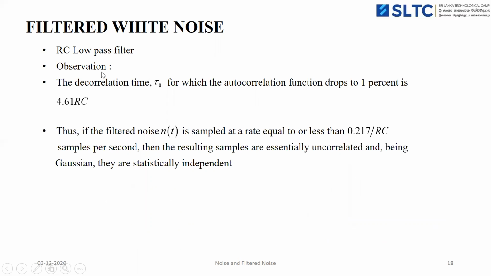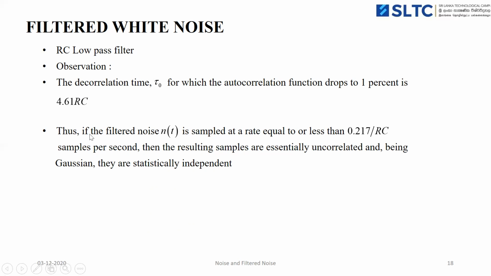So the observation: the decorrelation time tau naught of the autocorrelation function drops to 1% at a time 4.61 RC. If you take the reciprocal, it will give the minimum sampling rate for the sampling of the white noise, right?